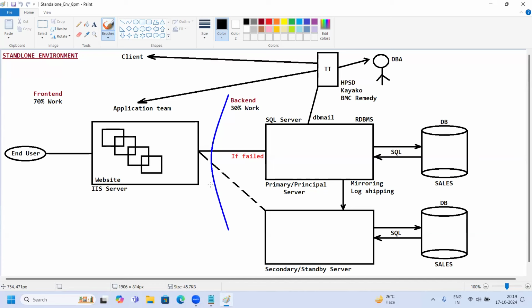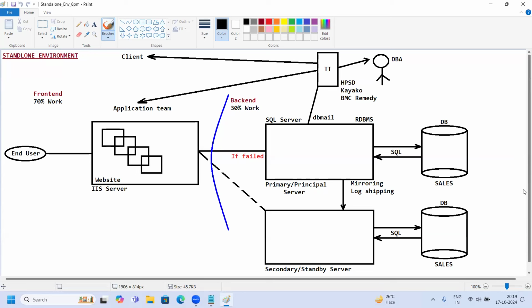In order to store that information, you require a SQL Server software available with one database. I named the database sales database, and then I explained the total process of what happens in the concept of the standalone environment.